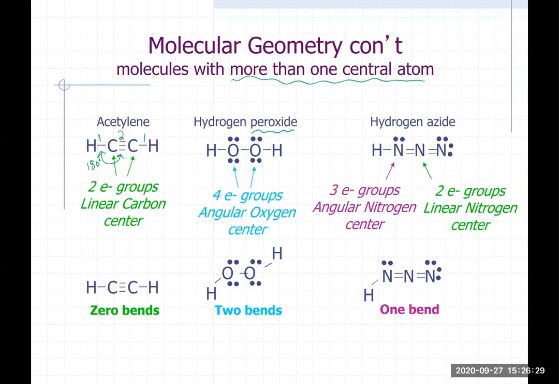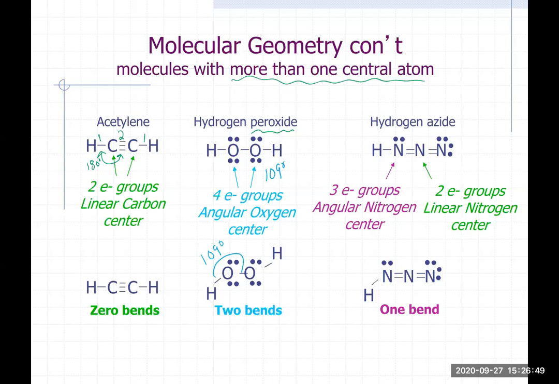groups surrounding it. 4 electron groups means you have approximately 109-degree bond angles. So that means that this bond angle right here is 109 degrees. 2 bonding, 2 non-bonding means bent or angular.